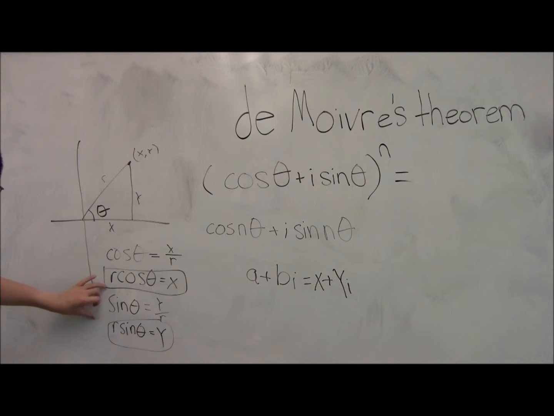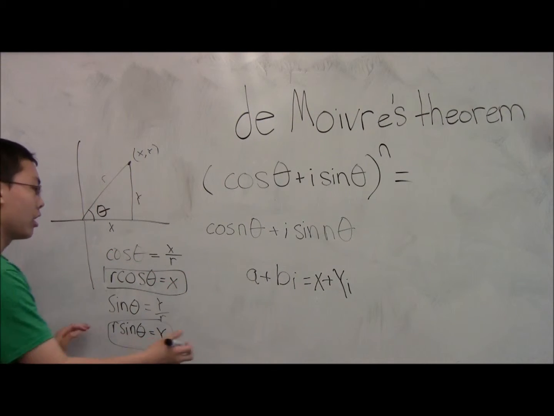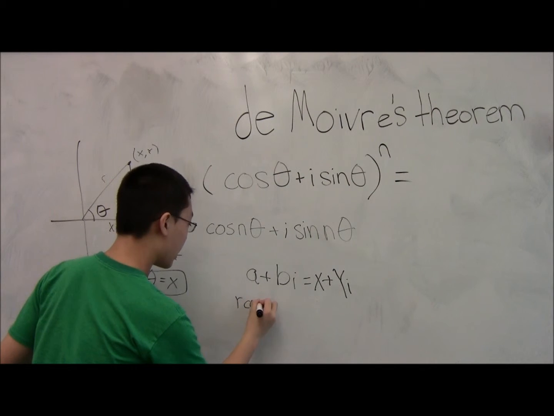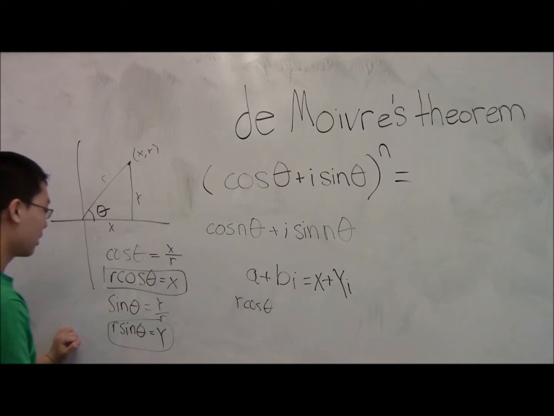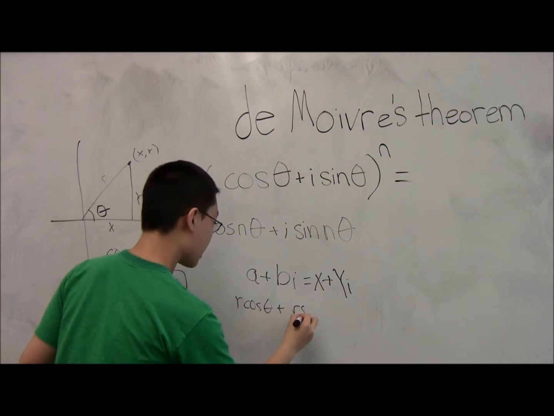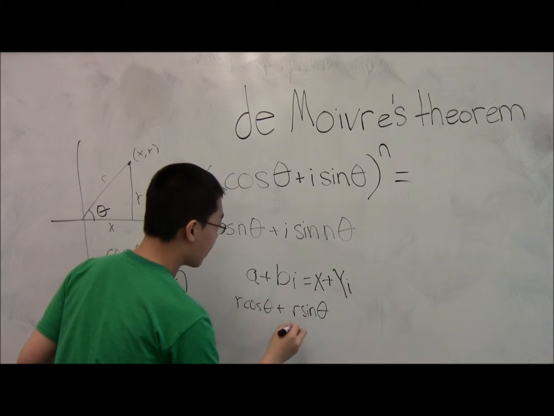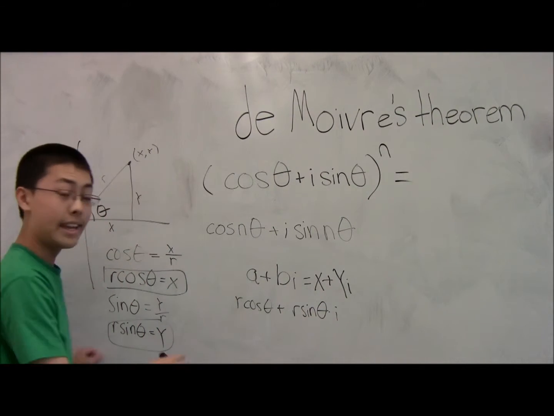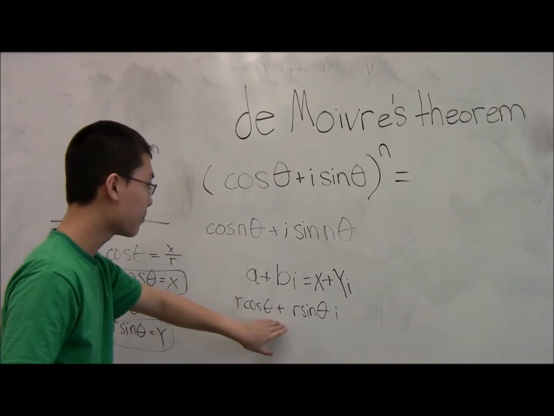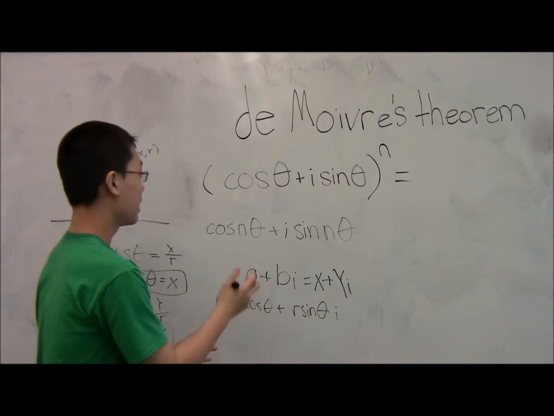So if we plug these back in to x plus yi, we're going to have r cosine of theta, that's x, plus r sine of theta times an i there. If we factor out the r's, then what we're going to end up with is polar form.